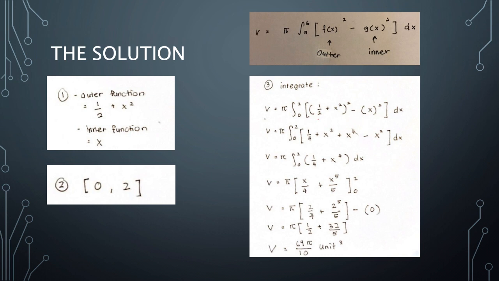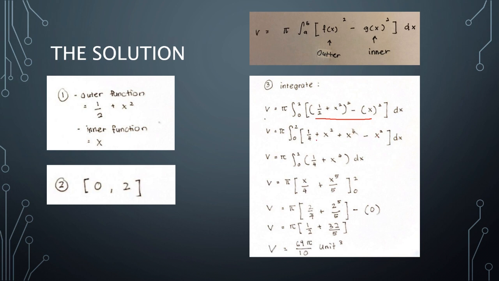Next, we need to expand the value inside here. So we will get 1 over 4 plus x squared plus x to the power of 4 minus x squared.